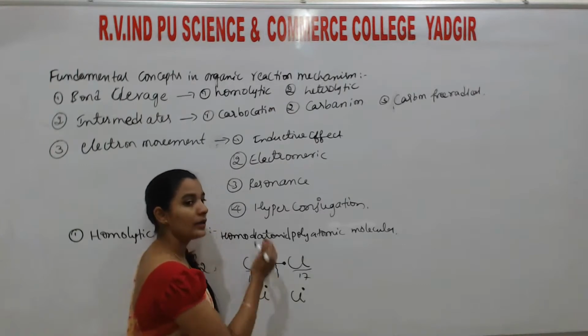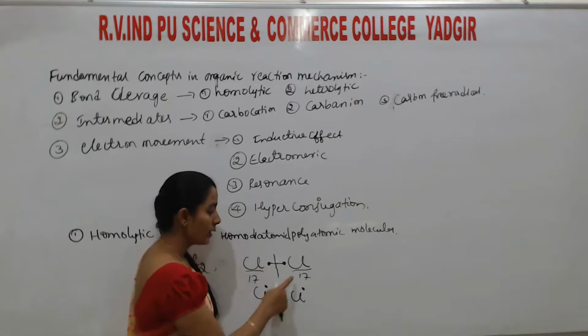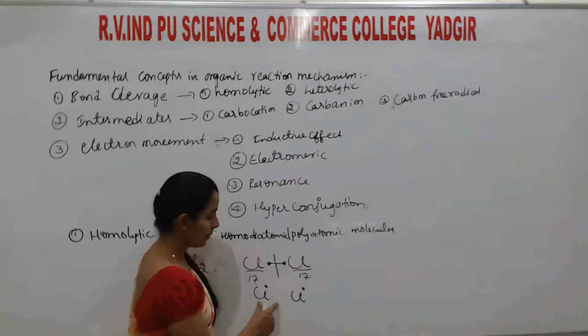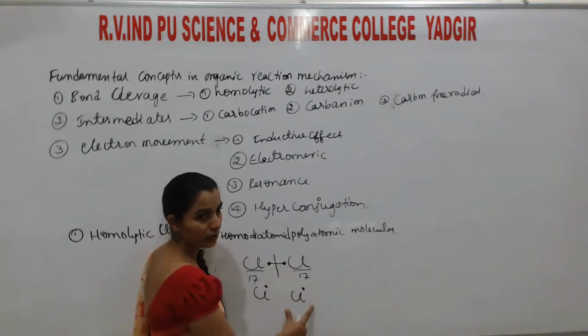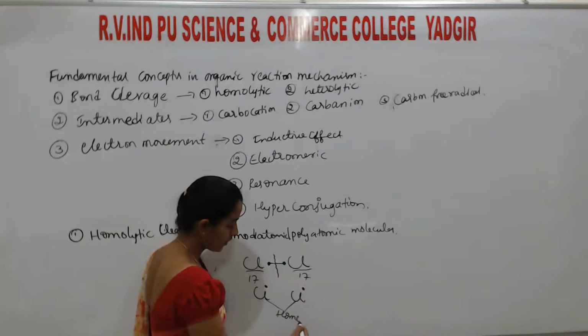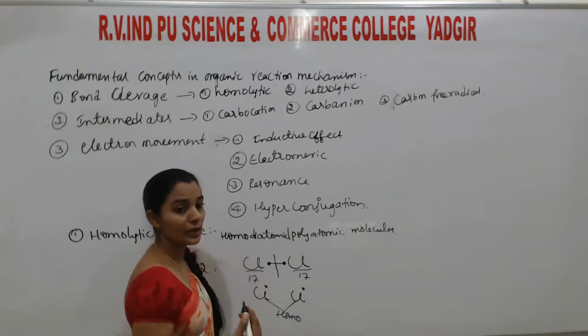This Cl is cleaved with its electron, and this one is also cleaved with its electron. Are you getting? So this is Cl dot, Cl dot. The same atoms are formed, so these two are homo, same. If the atoms formed after the bond cleavage are the same, then it is homolytic cleavage.